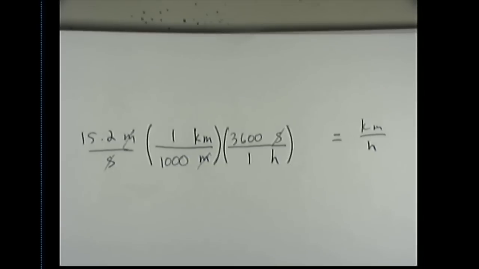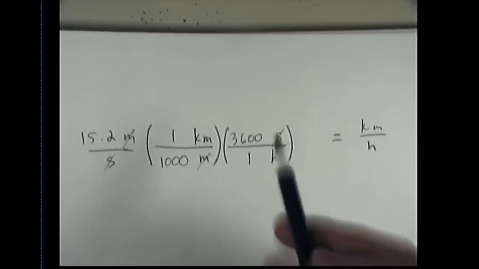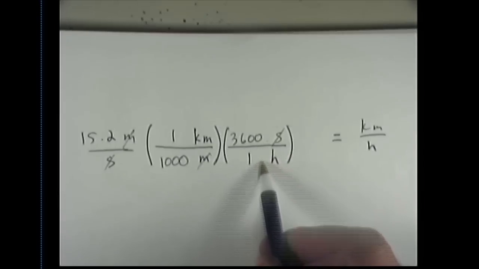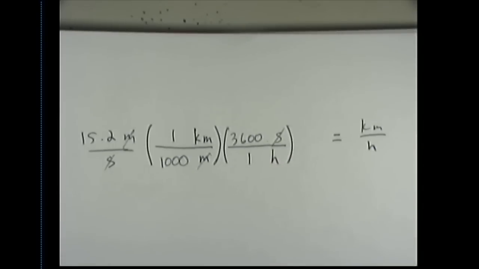Put the numbers down and then step back and ask yourself, did I put the numbers in the right place? You can imagine if I put a 1 on top and 3,600 at the bottom, me asking myself the question, does 1 second contain 3,600 hours? No, that seems absolutely ridiculous. That way I can logically reason my way toward putting the numbers in the proper place.